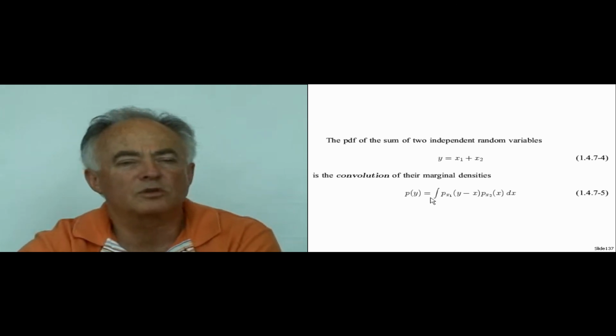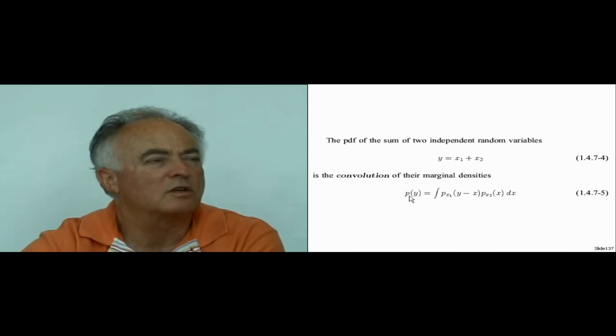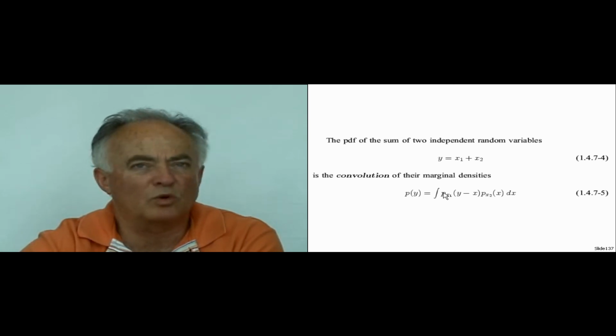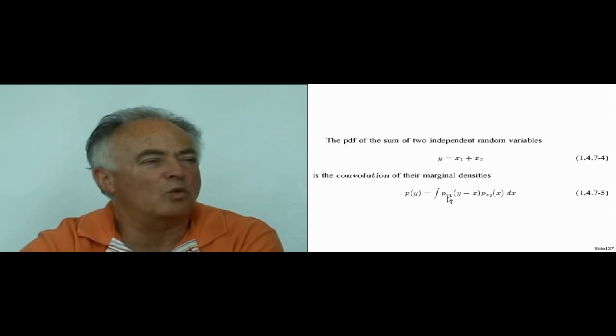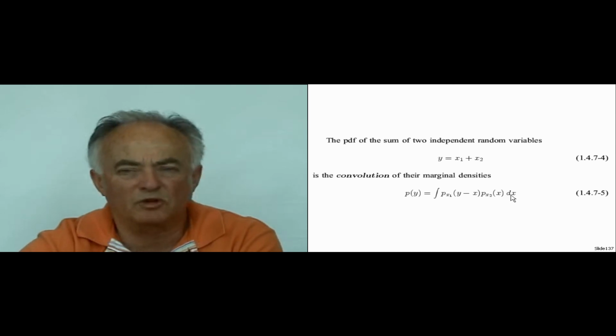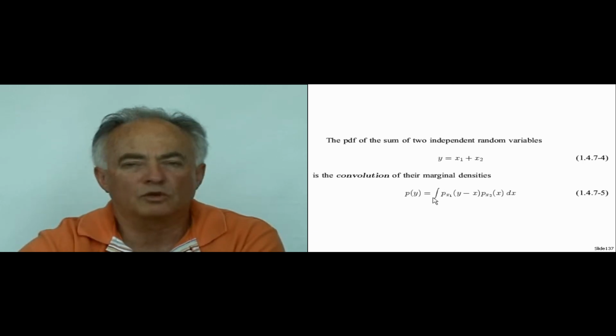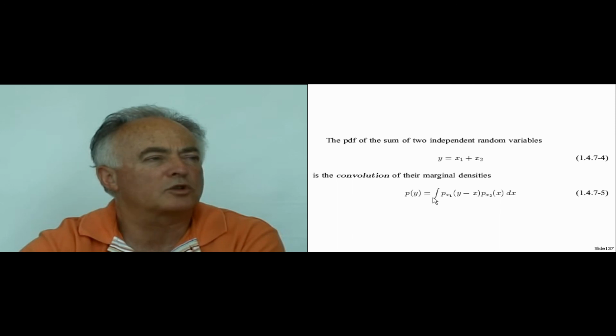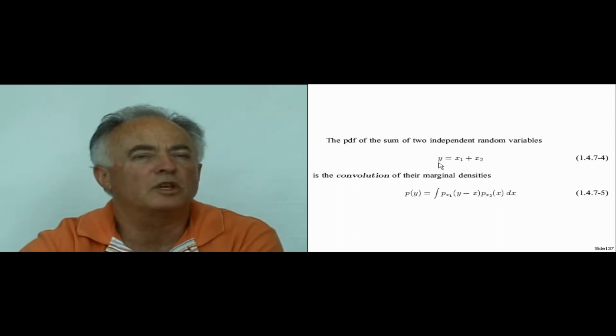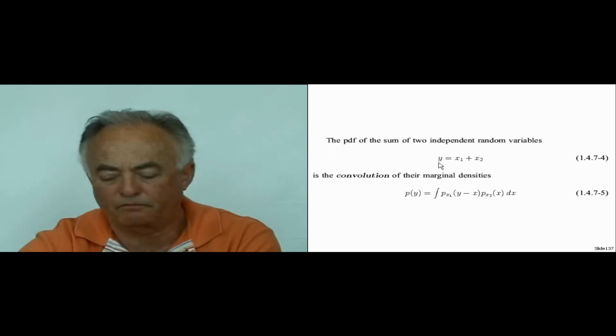And now we have to use the notation here: p of y, there's a simple notation, that's the integral of p sub x1, the density belonging to x1, but evaluated at value y minus x, times the density of x2 evaluated at x, and integrated over all the possible values of x, that's the integral from minus to plus infinity. This is the convolution, and this is the answer to the question, what is the density of the sum of two independent random variables?